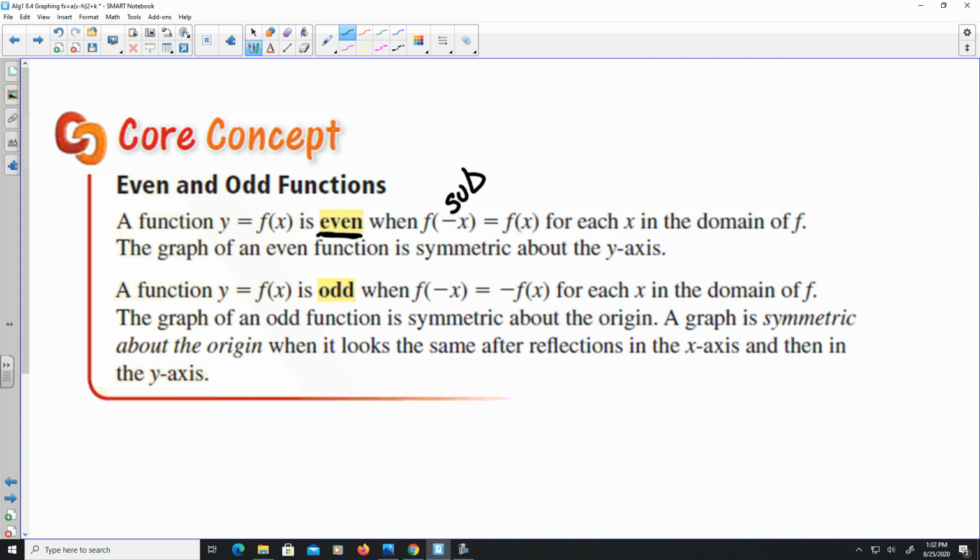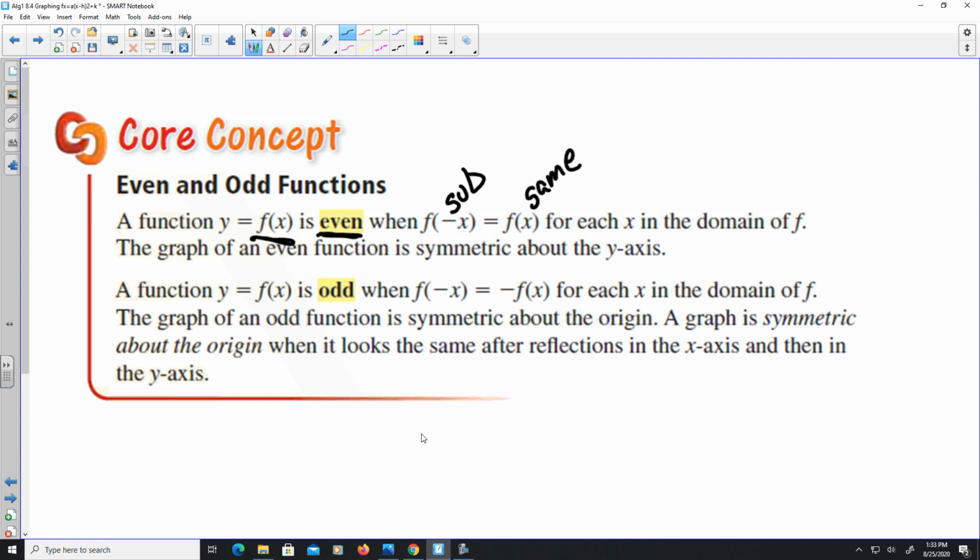If it turns out to be the same thing once it gets all simplified as the original function f of x, then we can conclude that that function is an even function.